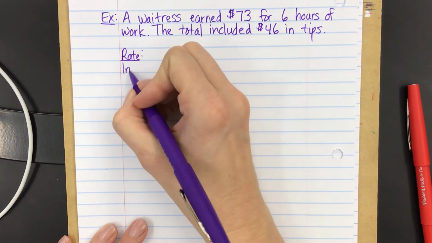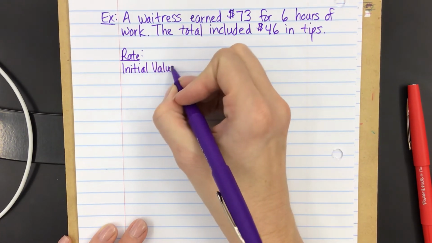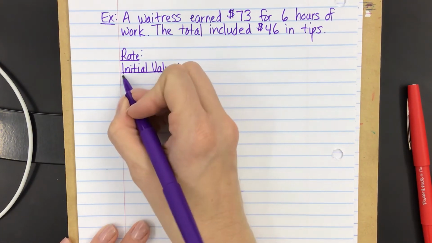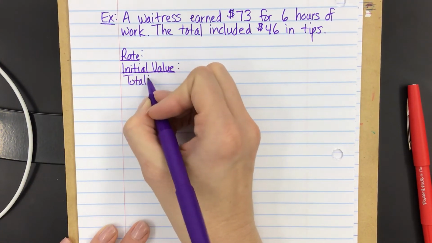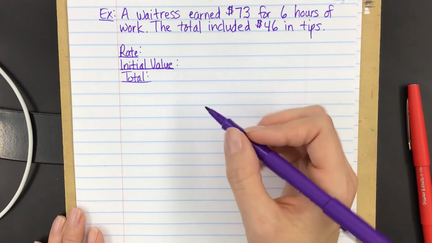Okay. So to help you write your equation, you're going to be looking for the rate, the initial value, or the one-time amount, and your total. Once you have those, you can write your algebraic equation.